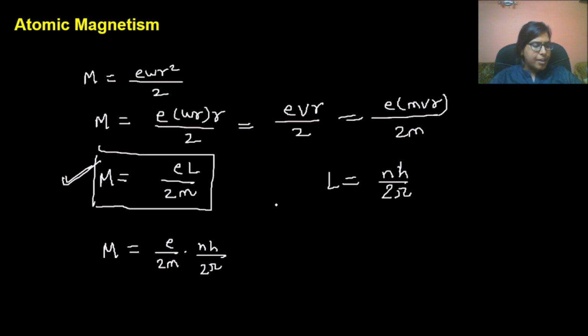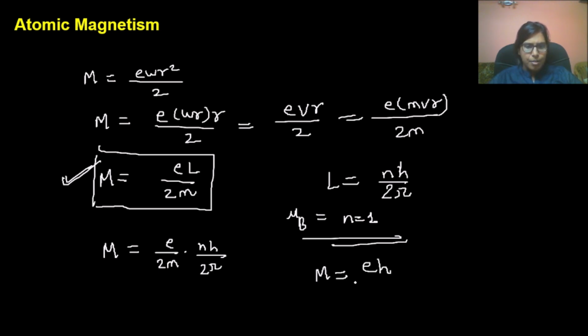And Bohr magneton, that means mu B, is defined for n equals to 1. So it will be M equals to, from here, e h upon 4 pi m. So this is Bohr magneton.